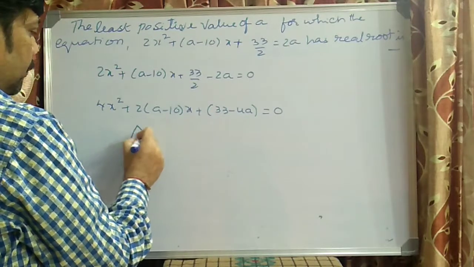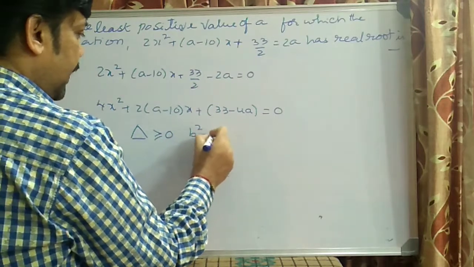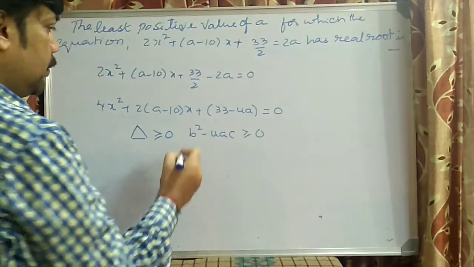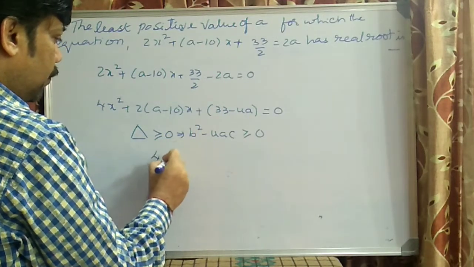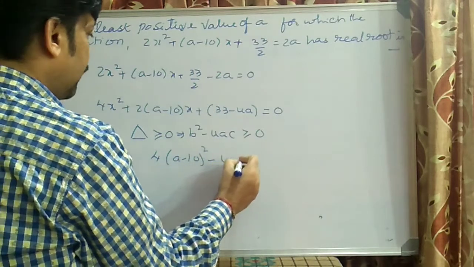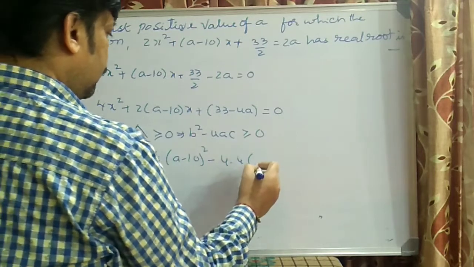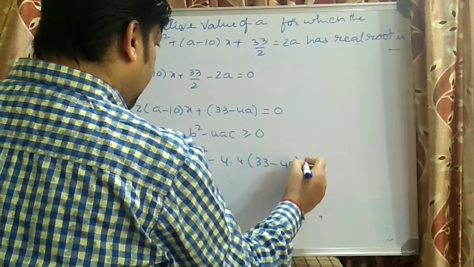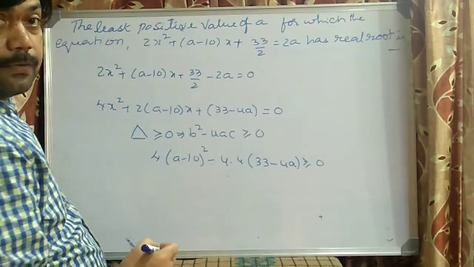Then you have delta greater than or equal to 0. That is b square minus 4ac should be greater than or equal to 0. So what is b square now? 4 into a minus 10 whole square minus 4 into, here again a is 4 into 33 minus 4a is greater than or equal to 0.